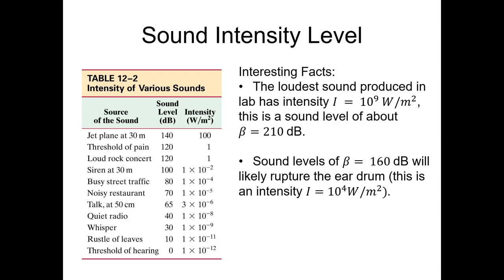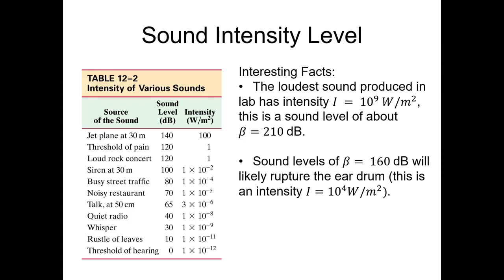If you're in a normal conversation with somebody, that's a sound level of 65, and the intensity itself is 3 times 10 to the minus 6. And someone whispers, the sound level is 30, and the intensity is 10 to the minus 9.